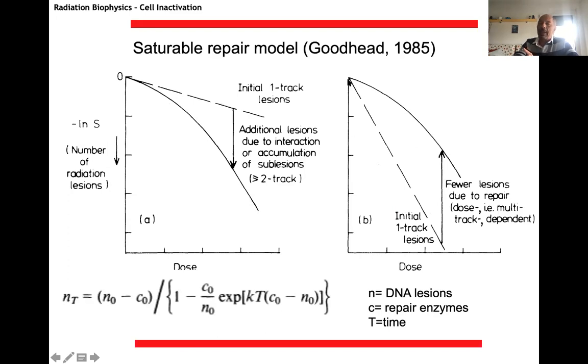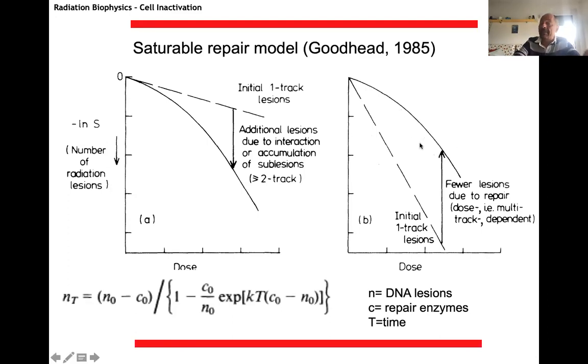Now you can instead assume that the question is different. You can have initial one-track lesions, but then you can have repair. So these are repaired. But when the repair is saturated, when you go to high dose, your repair machinery is not able to cope anymore with lesions, when you are exhausting the repair enzymes that we have seen in the previous lecture, then this will go down and become linear again, as indeed happens in the multi-target single-hit model.